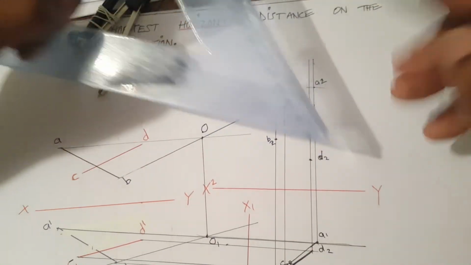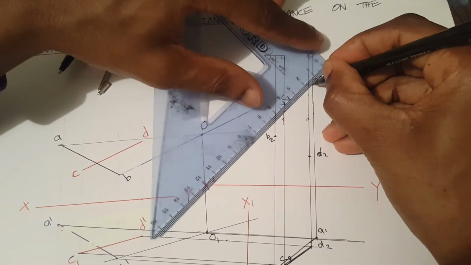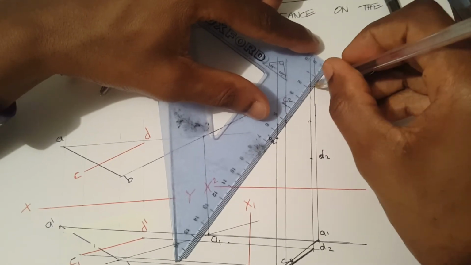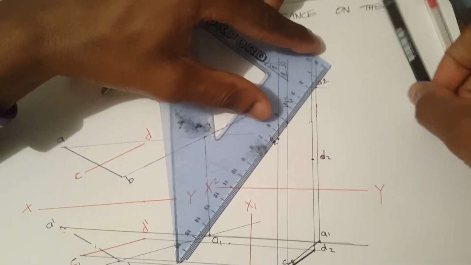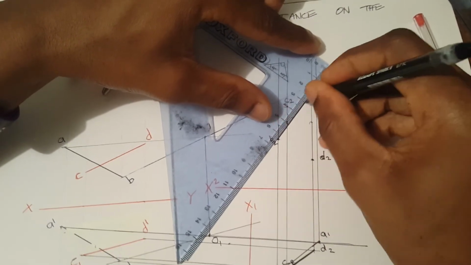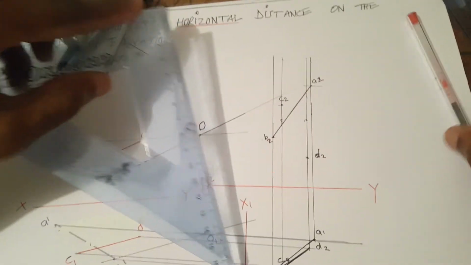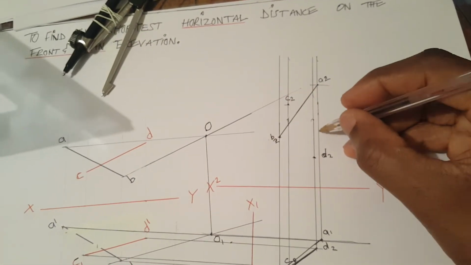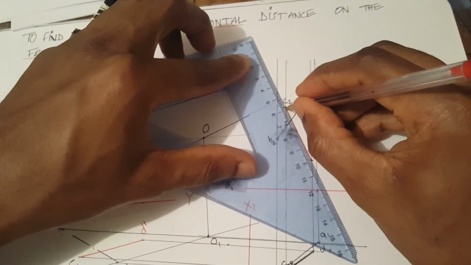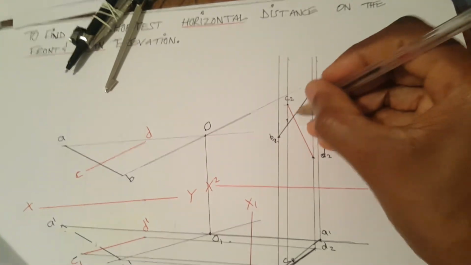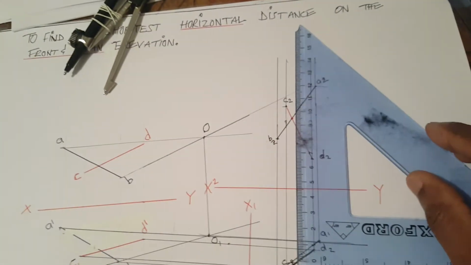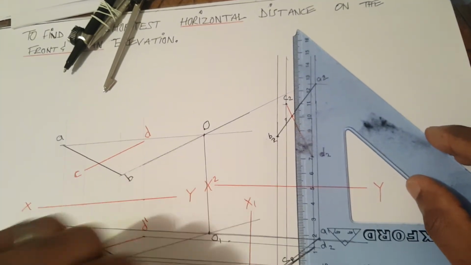Now I'm going to plot these points. So A2 to B2, and C2 to D2. And at the point where both lines cross, we're going to draw that line parallel to this line right here.